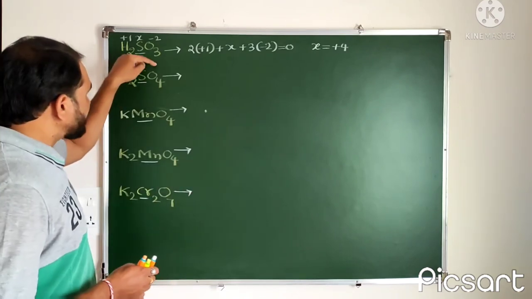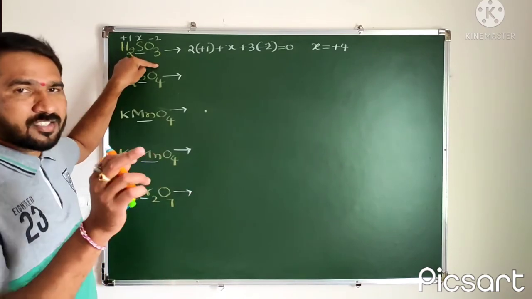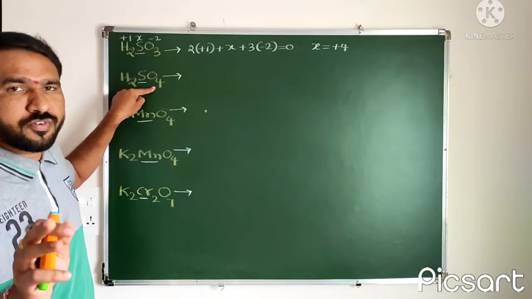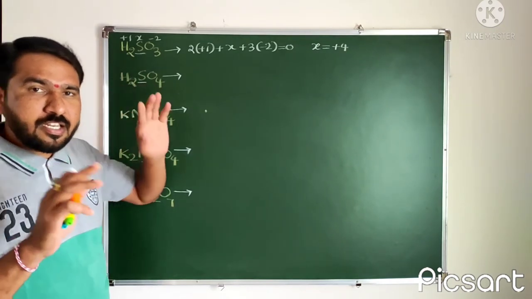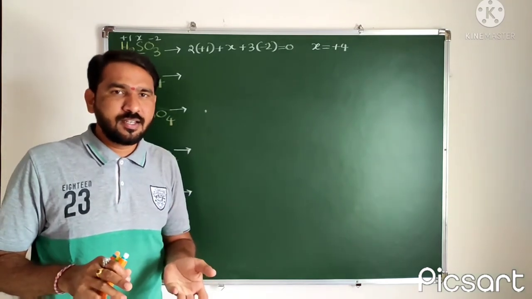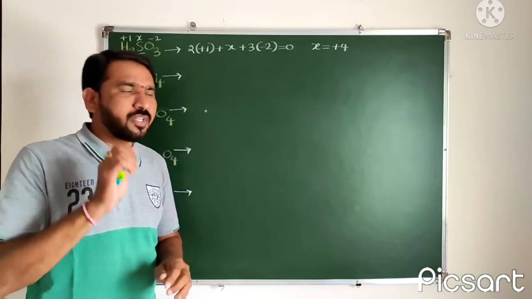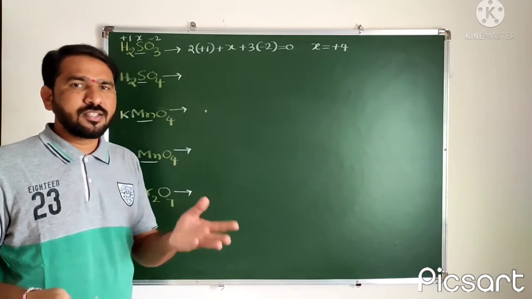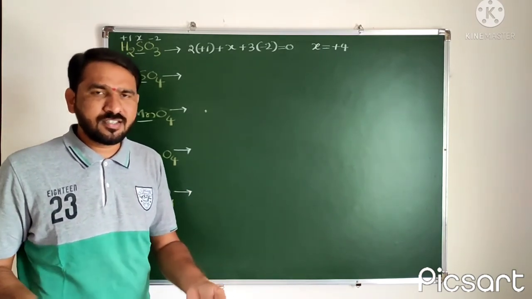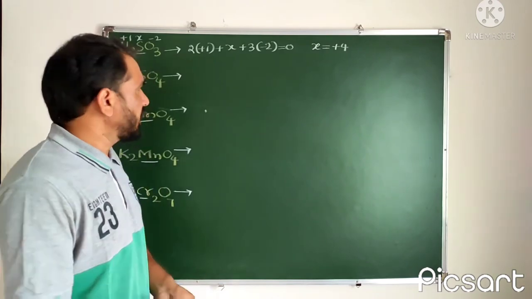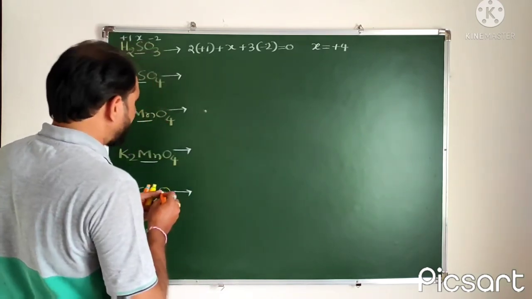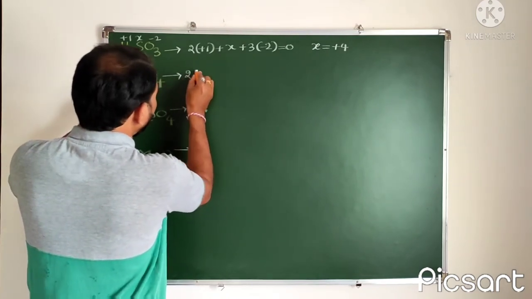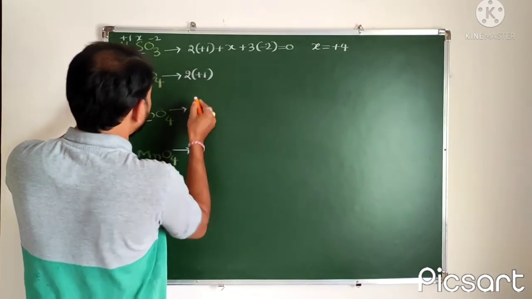Simply, -2 is the general oxidation state of oxygen into number of oxygens 4. -2 into 4, -8. It means +8. Among +8, +2 is deducted by 2 hydrogen atoms, remaining +6. So that +6 is the oxidation state of sulfur. Or else calculate by this formula here. N1X1: N1 means 2, X1 means +1 oxidation state of hydrogen.